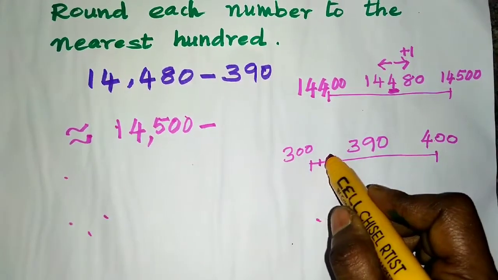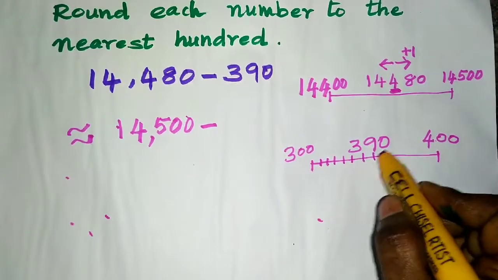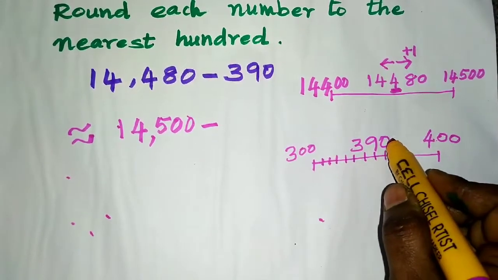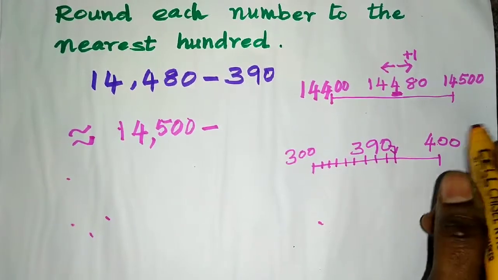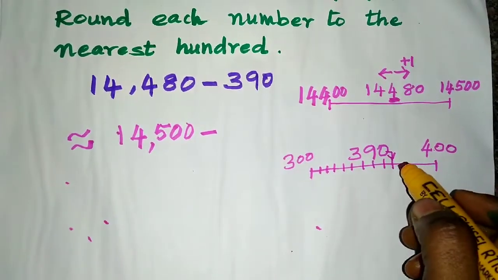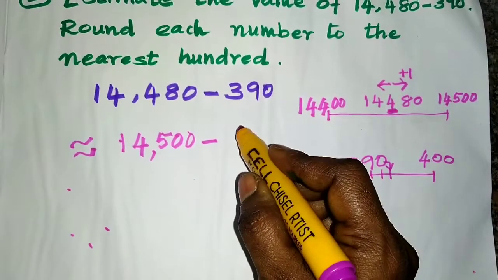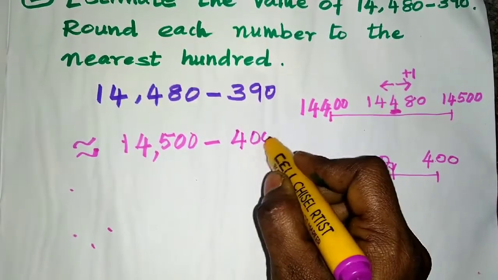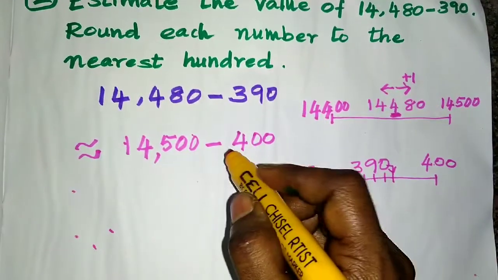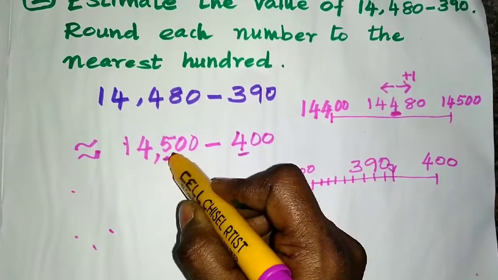You skip count by 10: 300, 310, 320, 330, 340, 350, 360, 370, 380 and 390. So it takes a long gap to reach the value 390. But after 390, you will get the value 400 as the round off value immediately. So you have to take the nearest value as 400 for 390.